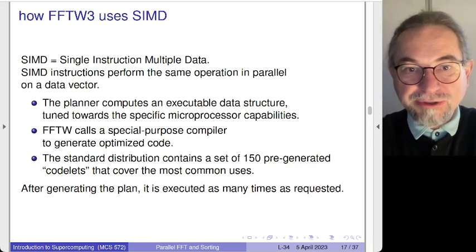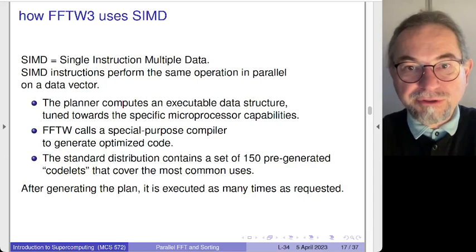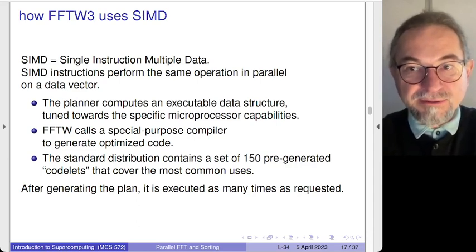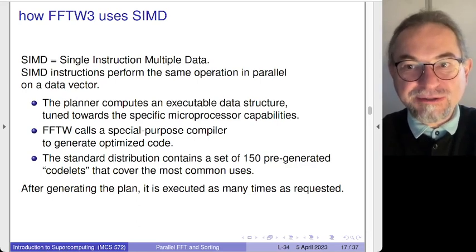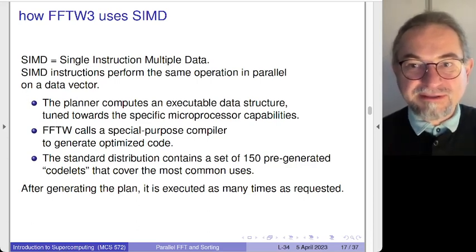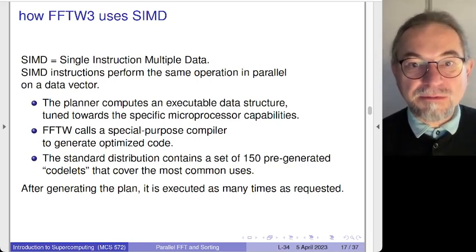So it has a special purpose compiler dedicated to the operations used in the Fast Fourier Transform. And sorting is also used there. Radix sort is mentioned, so the connection with sorting is not at all far-fetched here. For simplicity of algorithms, I should have covered sorting first, before the Fast Fourier Transform, but it also involves some sorting.